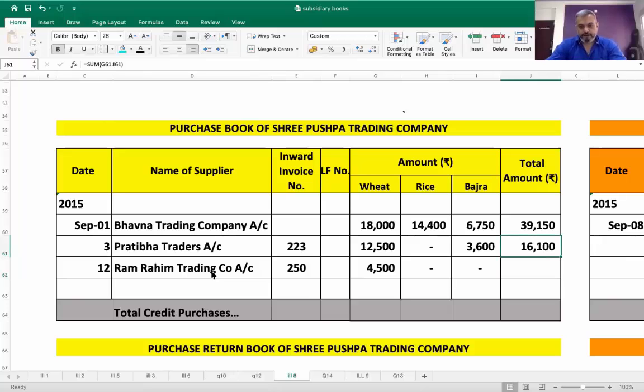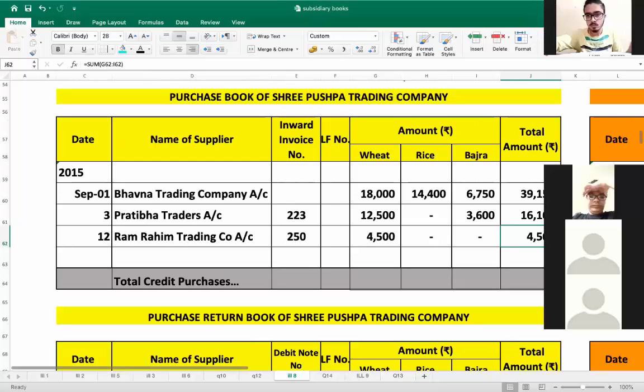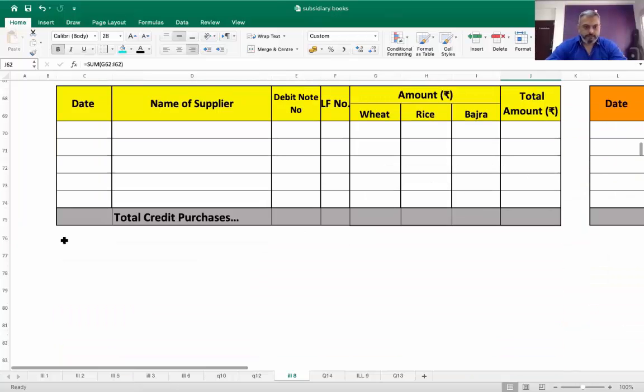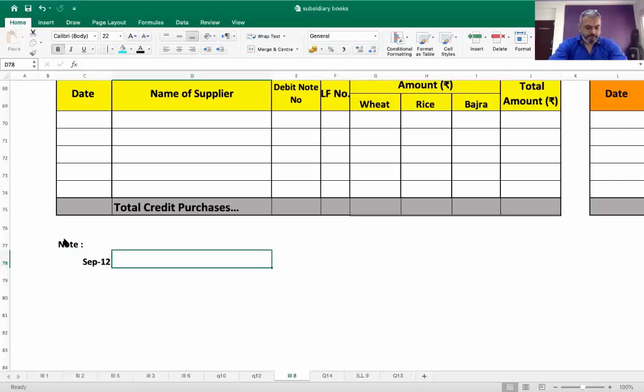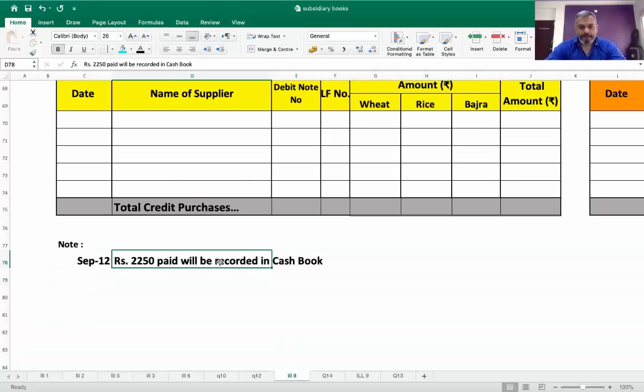No rice, no bajra, total 4,500. We write a note: September 12th, rupees 2250 paid will be recorded in cash book.